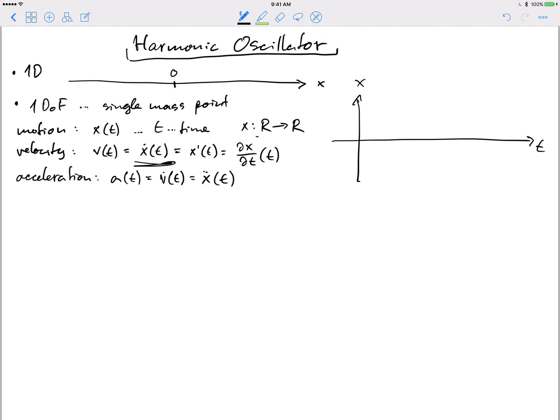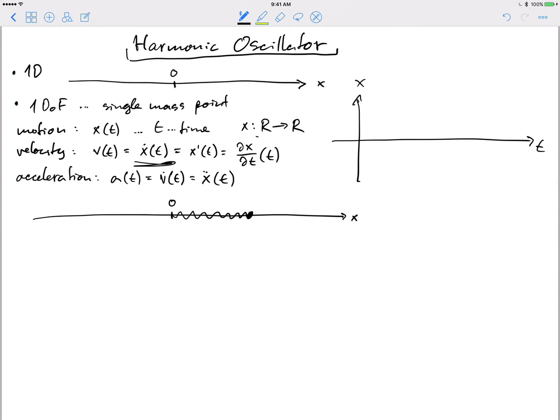So that's the basic setup, and now I need to say what is the physics of the system. What forces are acting on my system? So here the setup is like this. If this is my 0, and I'm still in one dimension, here is my x variable. Imagine that the mass point, let's say it's here, is connected with a spring to the origin, okay? And that's a spring that would ideally like to be length 0.